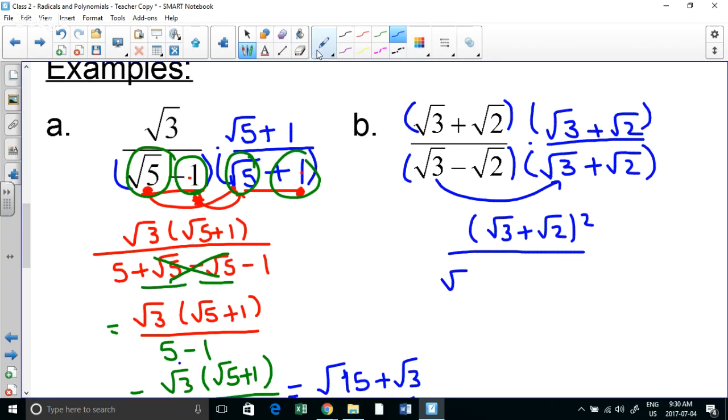The root of 3 times the root of 3 gives me just 3, then root of 3 times the root of 2, the root of 6. And remember, 3 times 2 underneath the root, minus root of 2 times the root of 3, which is the root of 6. We have a minus. Root of 2 times the root of 2 is just 2.